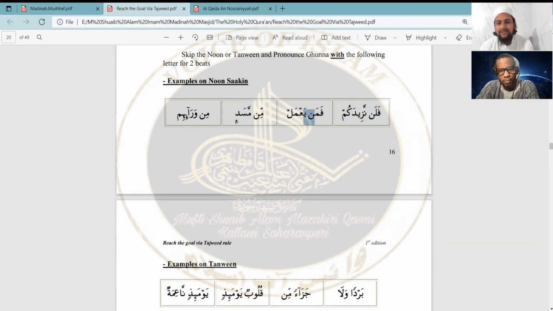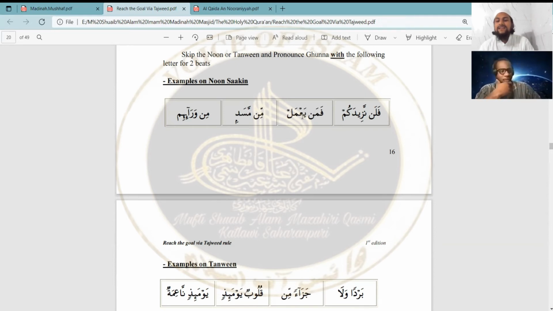I think in the mushaf you have in front of you, it is written. This is the part of the verse of Surah Al-Zalzala. إِذَا زُلْزِلَتِ الْأَرْضُ زِلْزَالَهَا. فَمَنْ يَعْمَلْ مِثْقَالَ ذَرَّةٍ خَيْرًا يَرَهُ وَمَنْ يَعْمَلْ مِثْقَالَ ذَرَّةٍ شَرًّا يَرَهُ.